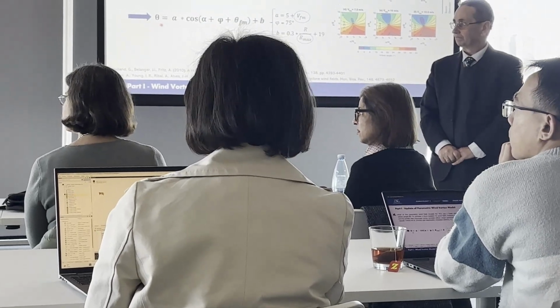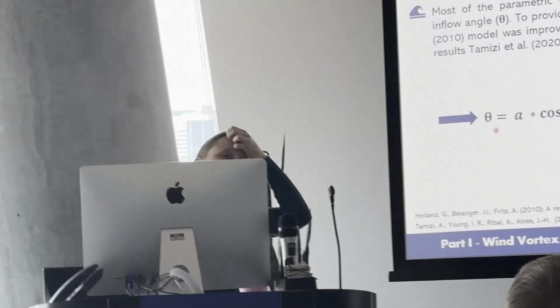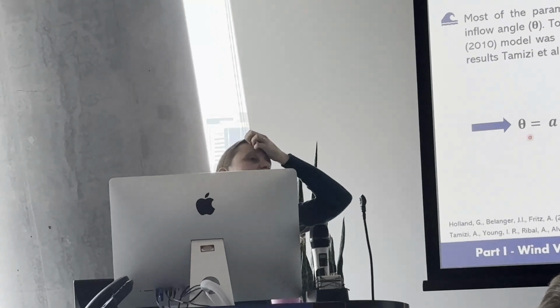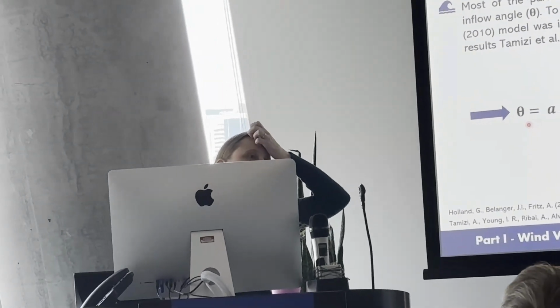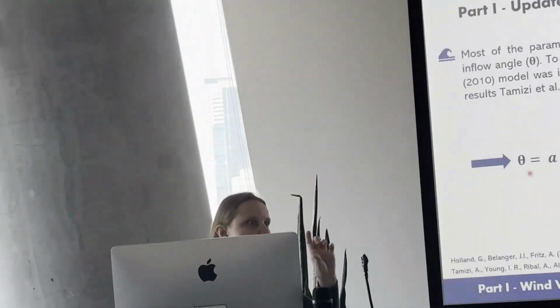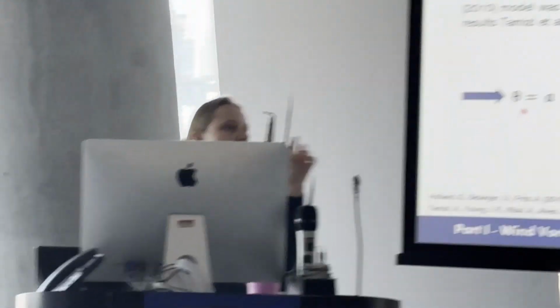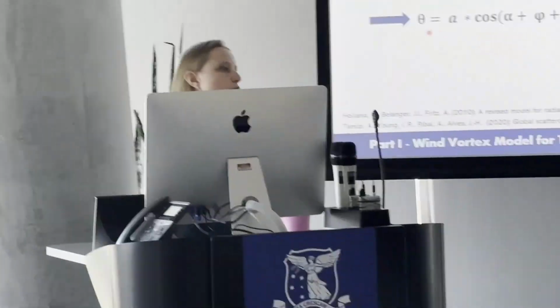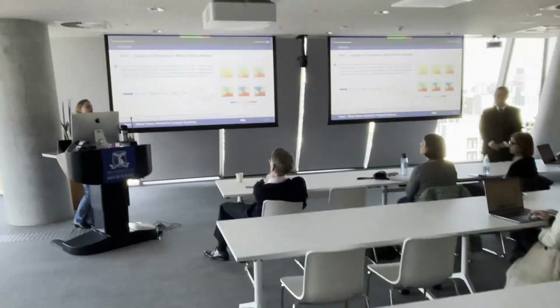Yeah, we checked others, but we decided to stay with the Holland that is widely used. We thought it'd be better just to try to upgrade this, adding this variable wind flow angle, and it worked reasonably well.